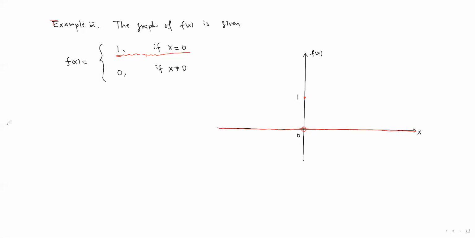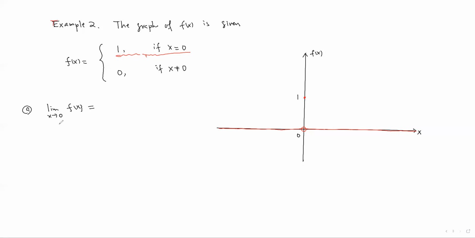Question A. As x approaches 0, what number will the function approach? The function value is the height of the graph. X approaches 0.